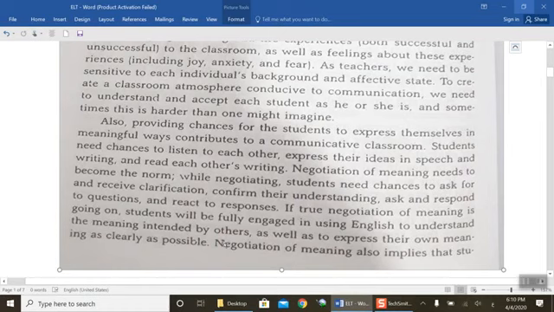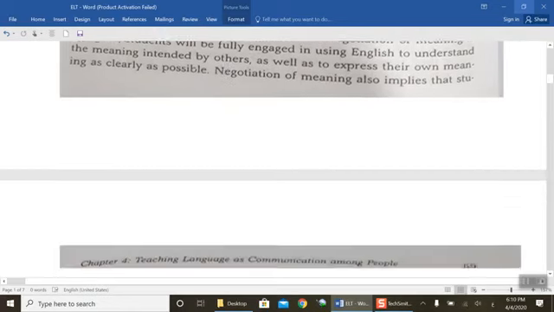Okay, so this is the idea of this third point. In summary, students should speak with each other, should be given a chance to express their ideas freely, communicate with each other, should respond, should send and receive clarification, feedback, all these points.